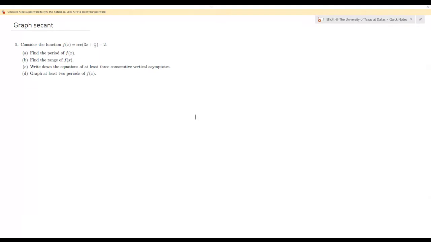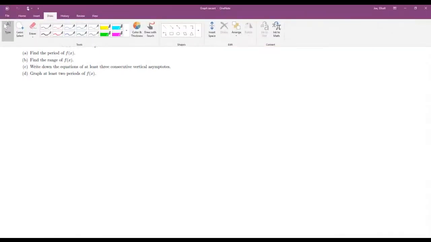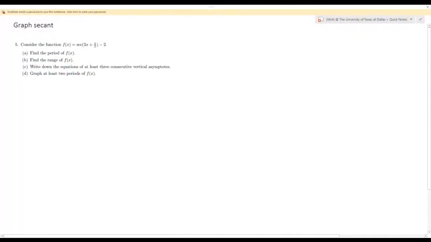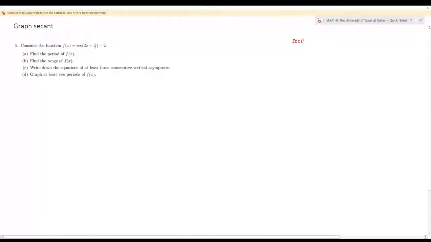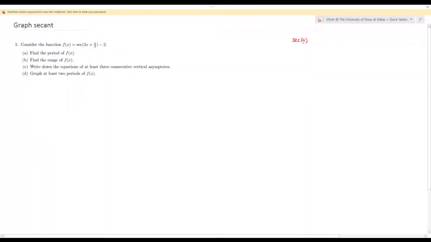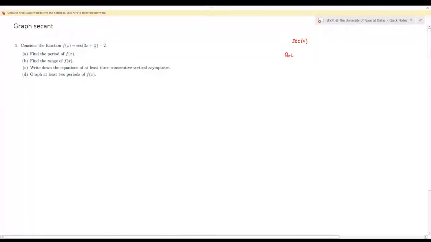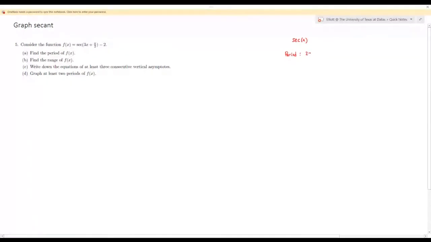Okay. Let's see here. So let's maybe talk about the ordinary secant function real quick, just secant of x. Right, so for the ordinary secant function, it has a period of 2 pi.